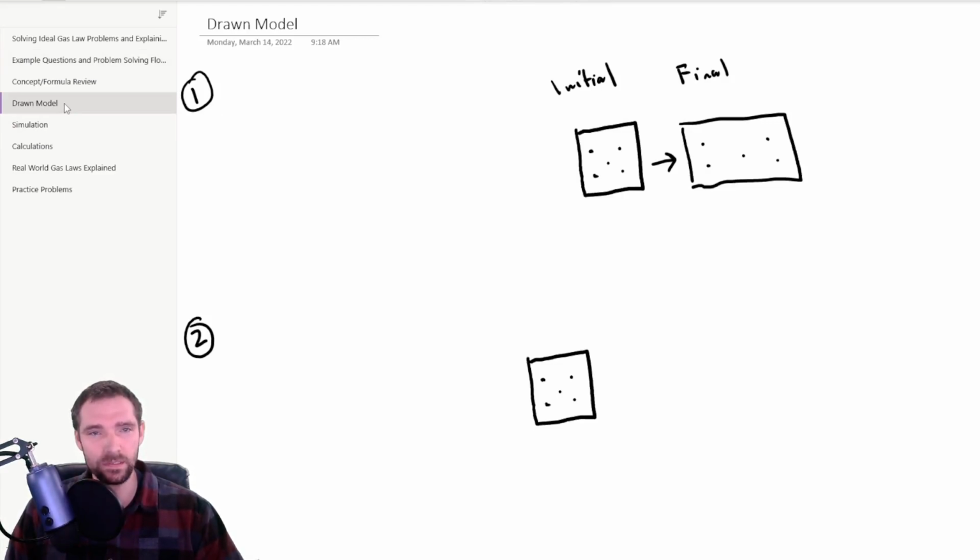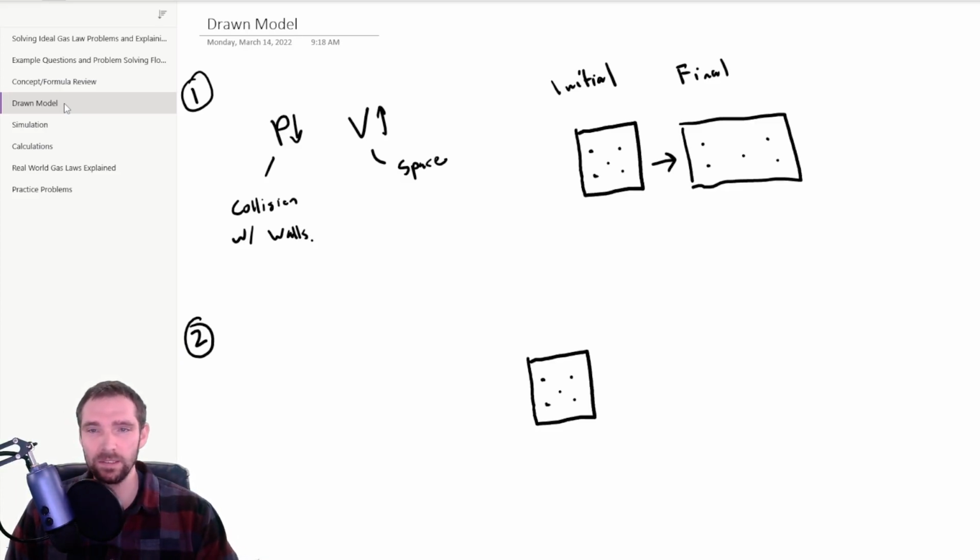If we increase this volume, the pressure should decrease, because remember the volume is how much space there is, and the pressure is collisions with the walls of the container.